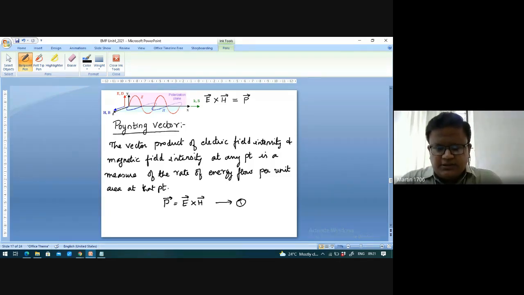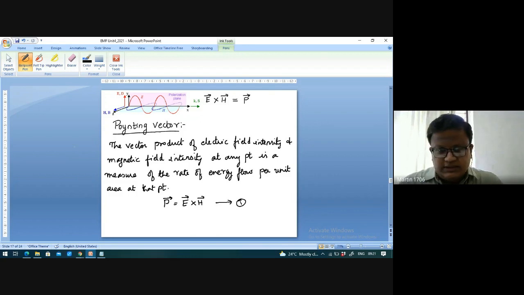So for this concept, I will take the full derivation. It may be really useful when applied in advanced subjects like antennas and microwave, etc. So you can see the first equation.